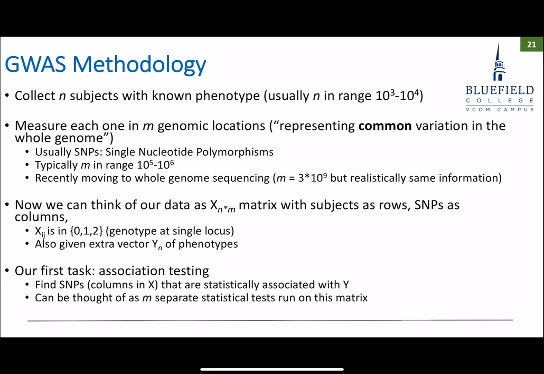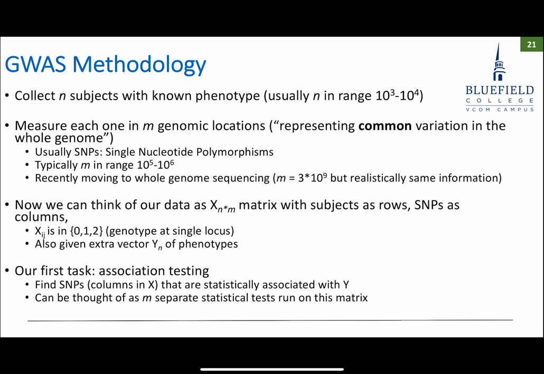So we need genetic variation to correlate it with phenotype, and we need large numbers of these genetic markers, between hundreds, thousands to a million or more.